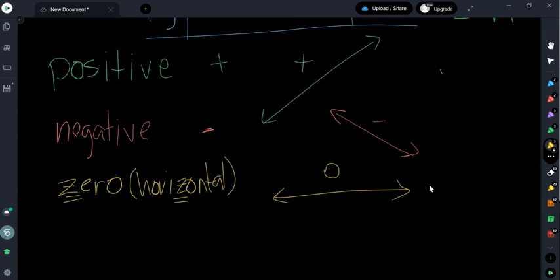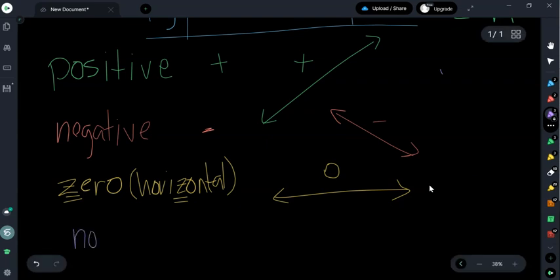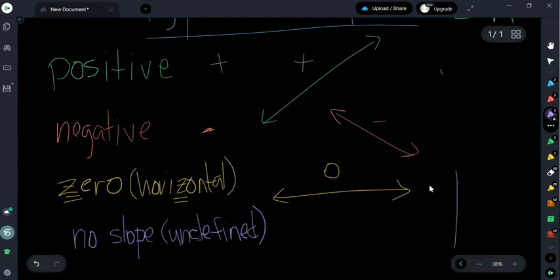The last one that you will see is the one where we have no slope, which you've commonly seen as undefined. And sometimes people will call this an infinite slope, but this is when you have a vertical line like this.